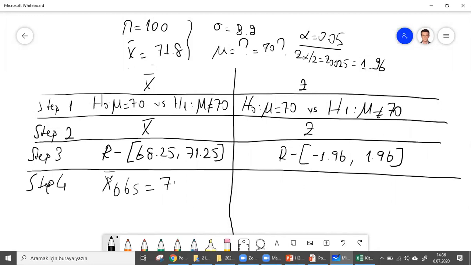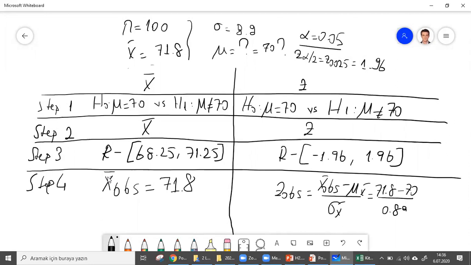Remember, that's equal to 71.8. Here, what is z observed? Z observed is equal to x bar observed minus mu of x bar divided by sigma of x bar, which is equal to 71.8 minus 70 divided by 0.89. And recall this was equal to 2.02 and so on and so forth.